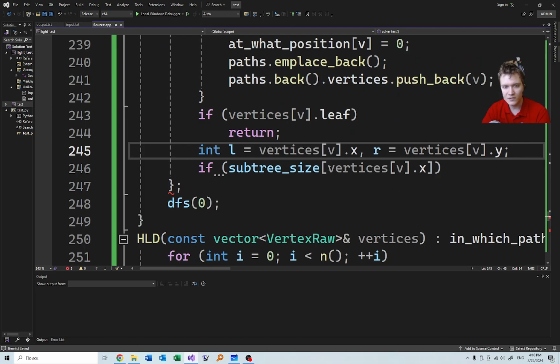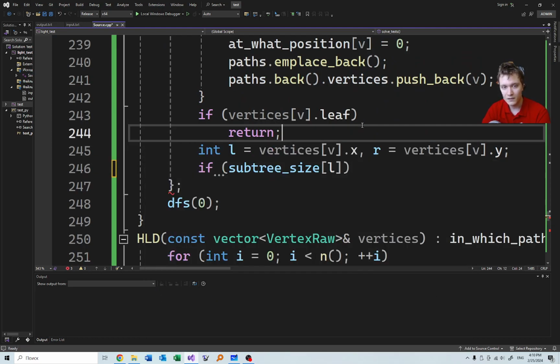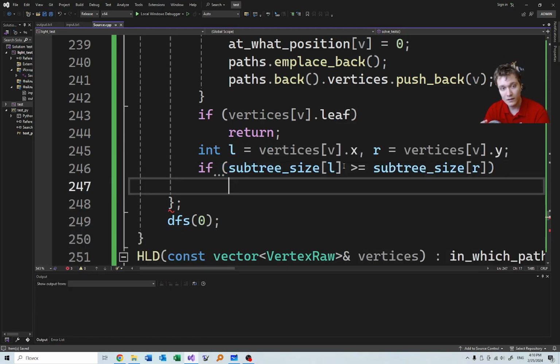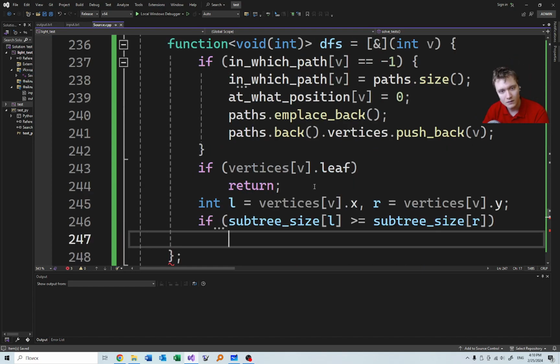So if subtree size of L is at least subtree size of R, then we will need to go to the left child.